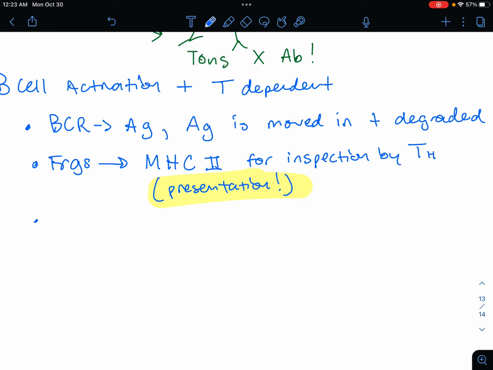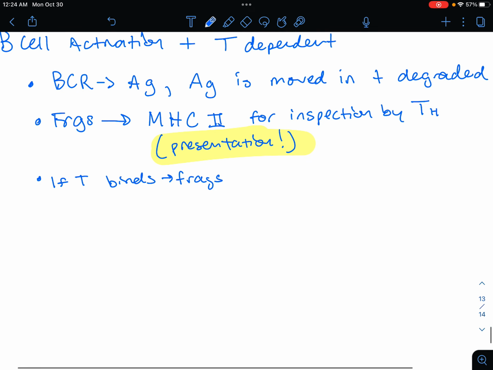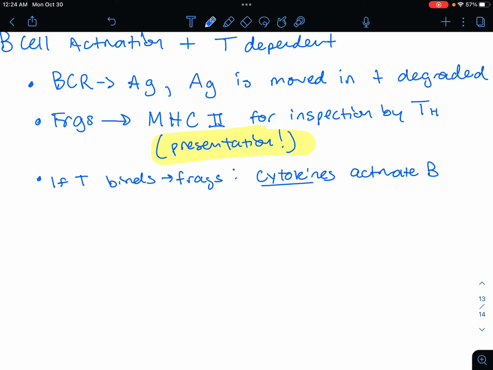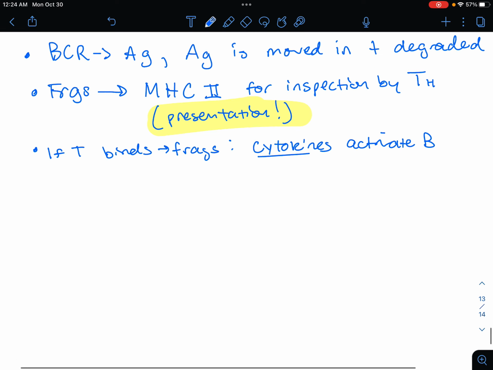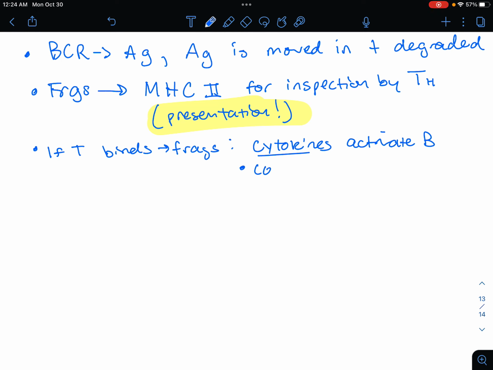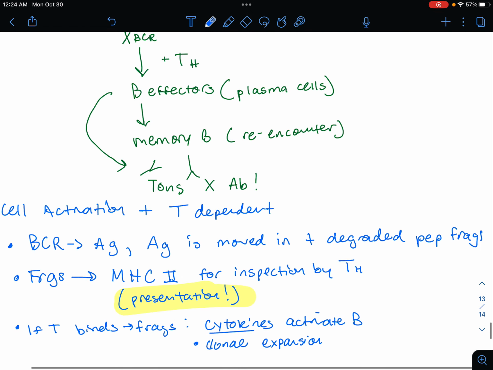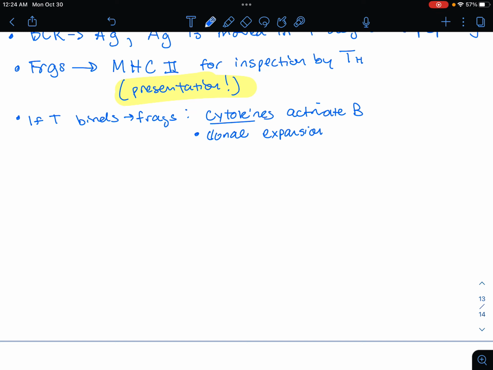If binding does occur, if the T cell binds to one of these fragments, then the T cell will activate the B cell with cytokines. This actually causes the clonal expansion, which we talked about here, up from this section.